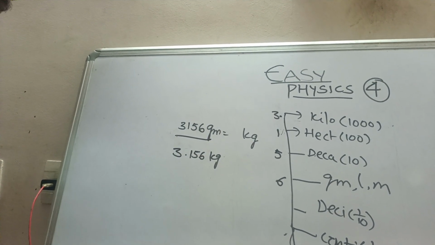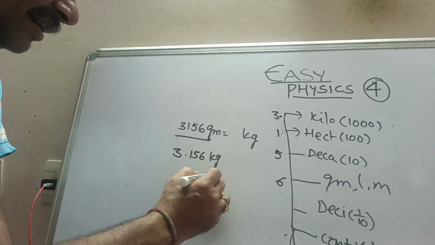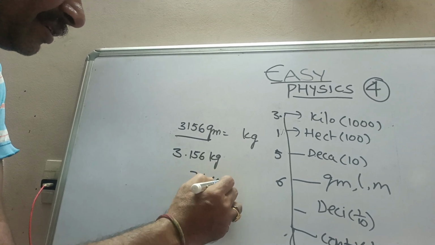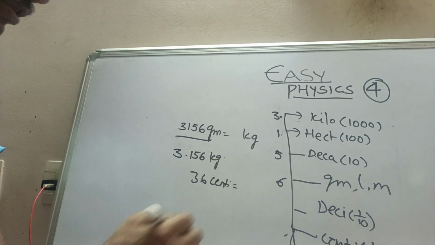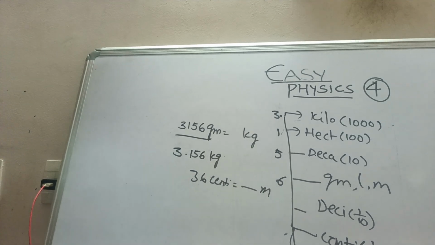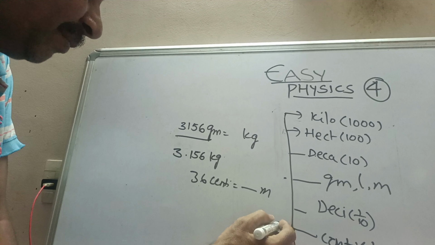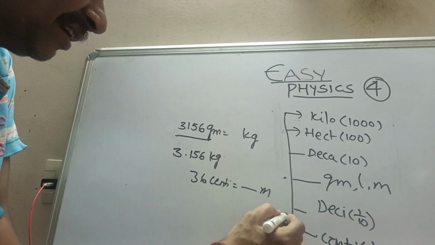For example, 36 centimeters. You are supposed to convert into meters. So let us take 36 centimeters. So 6 centimeters, 3 decimeters.